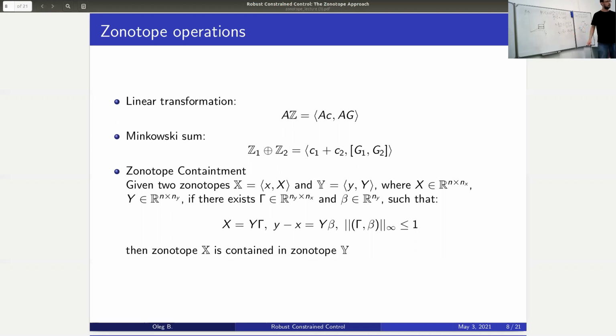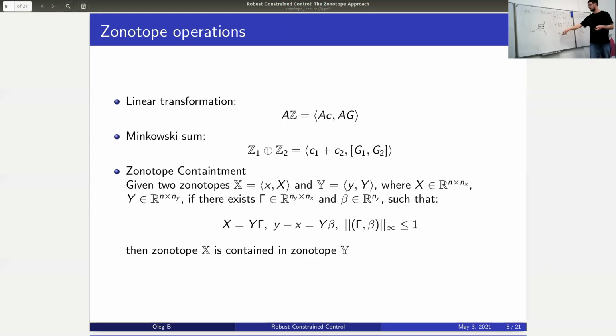What is A? A is your dynamics. For example, here is the state of your pendulum. You want to describe the motion of your state in the future, describe propagation, and A is your linear dynamics equation.